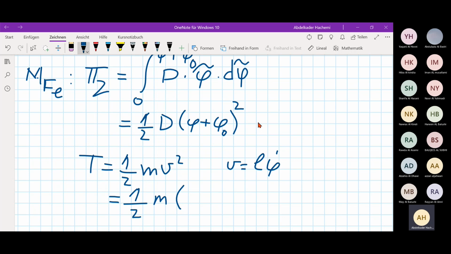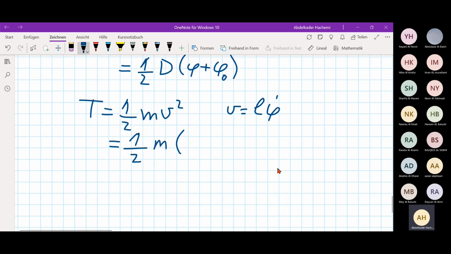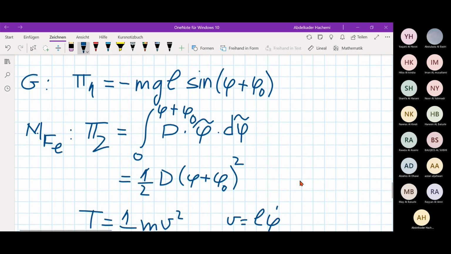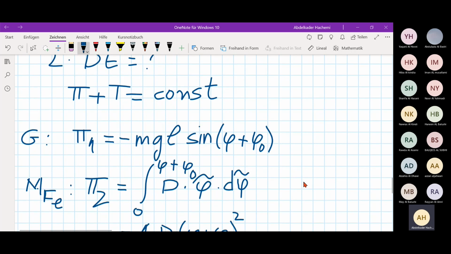If you remember, it's R cross omega. Now we write it and we get here L phi dot square. This is equation 1.